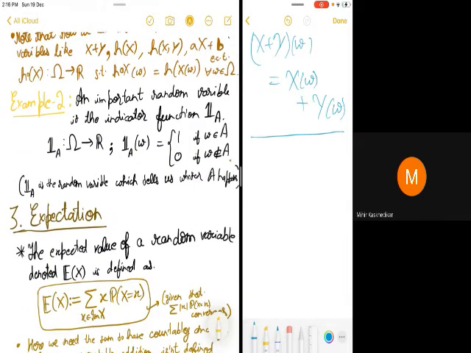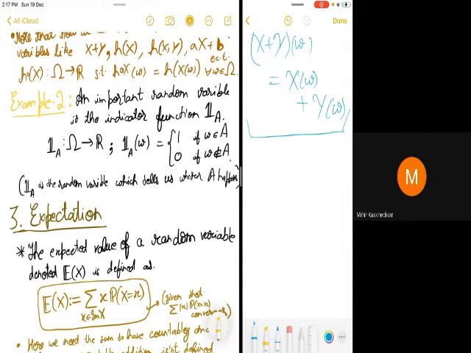So now we give an important example of a random variable. This is widely used because it measures whether the outcome belongs to A, where A is a subset, or it does not belong to A. So here is the definition.